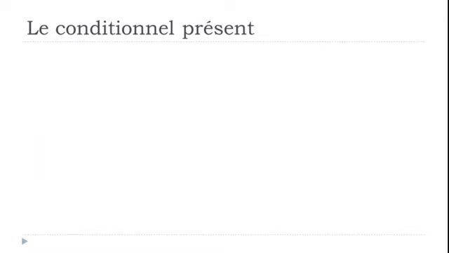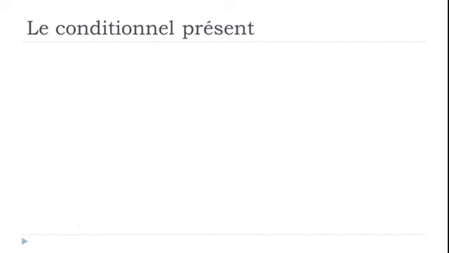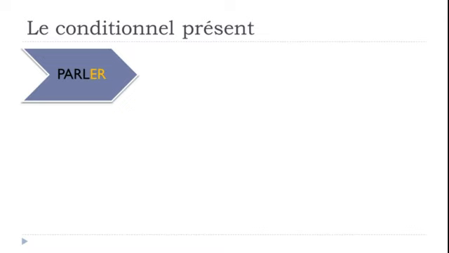Le conditionnel présent. So in this lesson, we'll see first la formation, the way to build it, to make it, and then, of course, l'emploi, so when you should use this conditionnel présent form, okay? So let's first start with the formation, the way to make it. You'll see that it's quite easy in a way, and normally that's the reason why we introduce it right after the future tense.